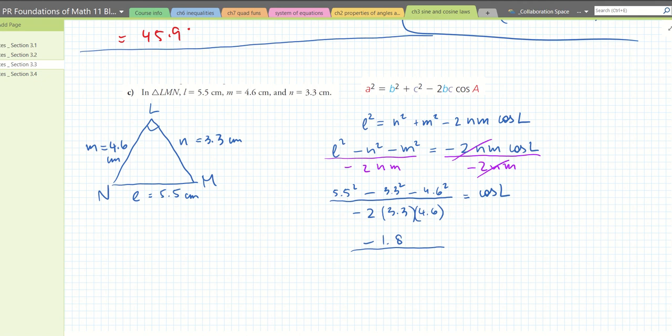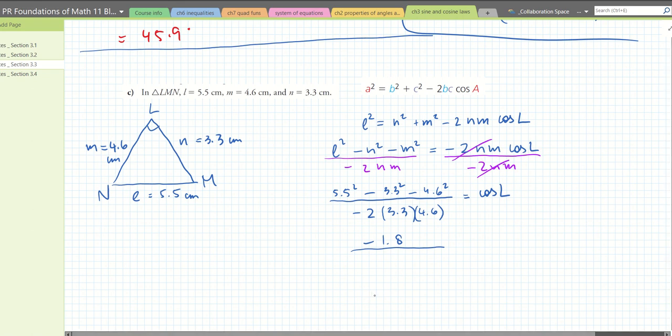Now this is going to give you the answer for the whole thing. Let me just skip a step here and then I'll come back to it. So all this is going to equal 0.059288, and so on. And all this equals cos L.